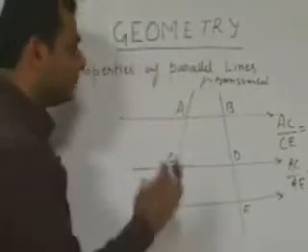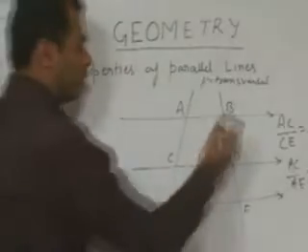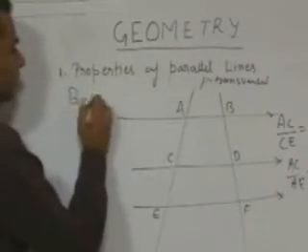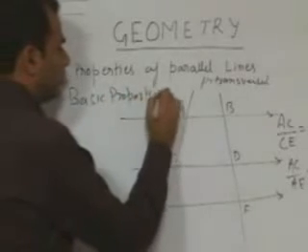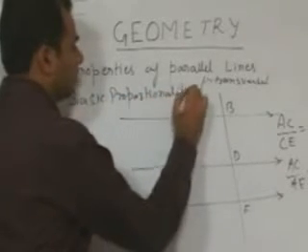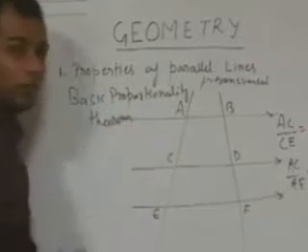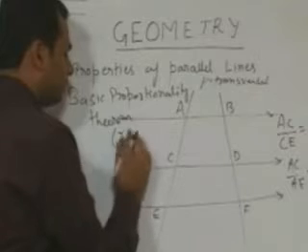This particular property of parallel lines is known as the basic proportionality theorem. In a few books it is also known as the Thales theorem.